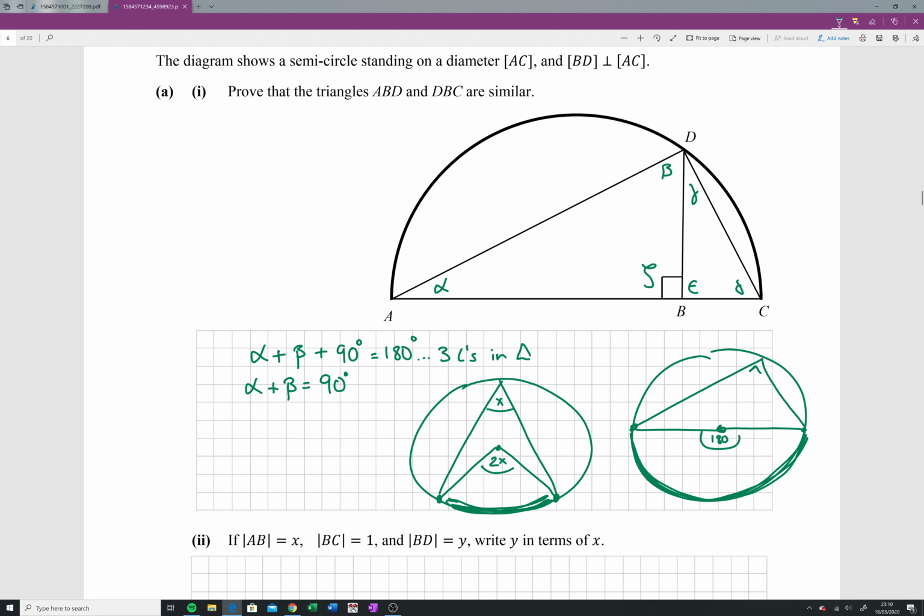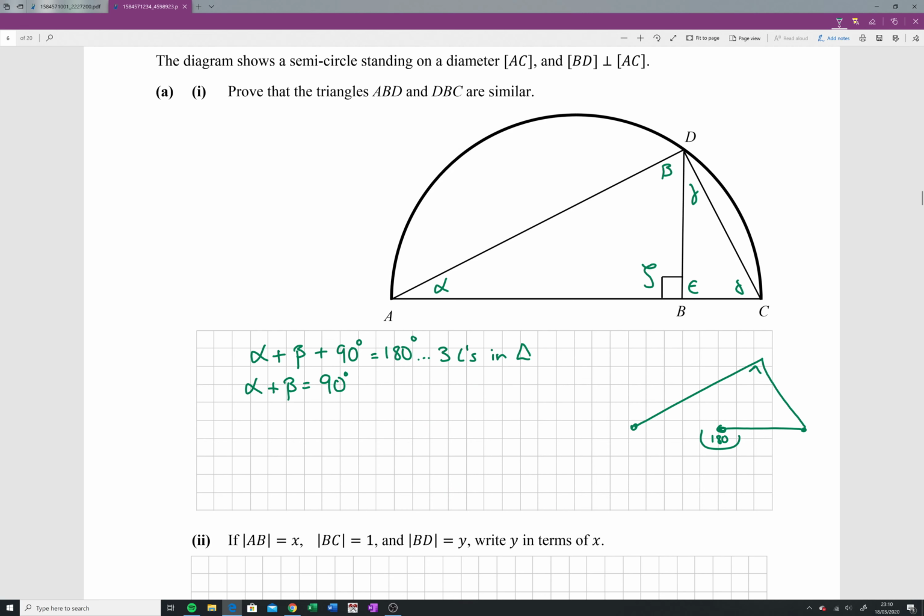So very importantly, we'll just get rid of everything that I have there. Very importantly, we can say, and it's the major part to actually figuring this out, to proving it properly, we can say that beta plus gamma is equal to 90 degrees, and you actually just have to say angle in semicircle. That just tells them you know the proof, you know what you're talking about, and go from there.